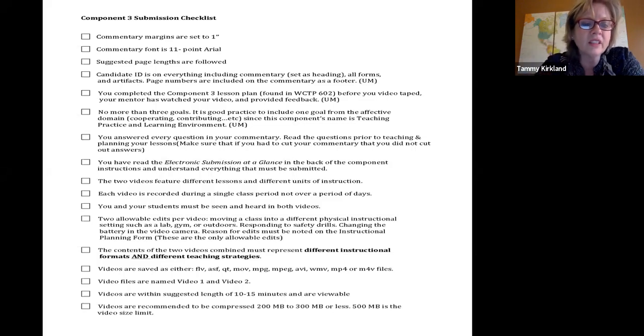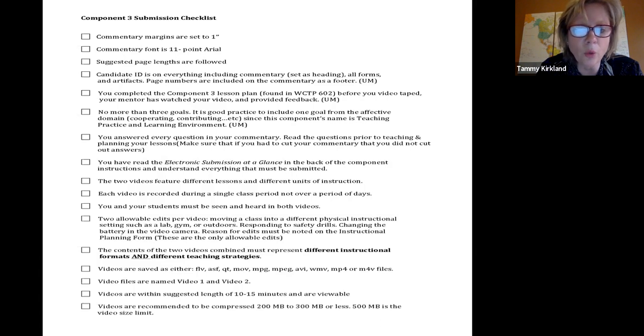Now, this is very significant, the 2 allowable edits. This was changed going into this year, and it's very, very restrictive now. Moving a class into a different physical instructional setting, such as a lab, gym, or outdoors. You can no longer cut your tape or stop your tape if you go from whole group to small group.